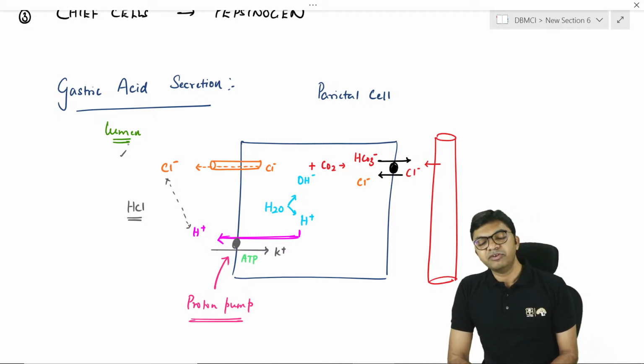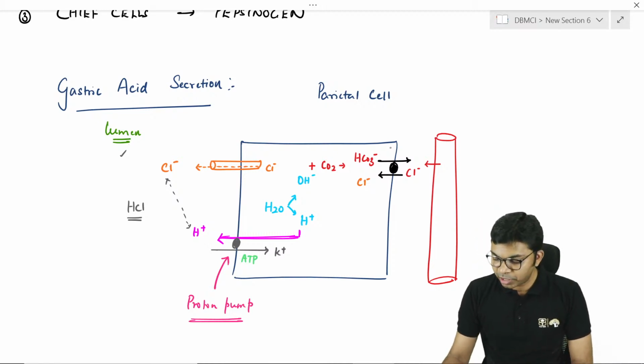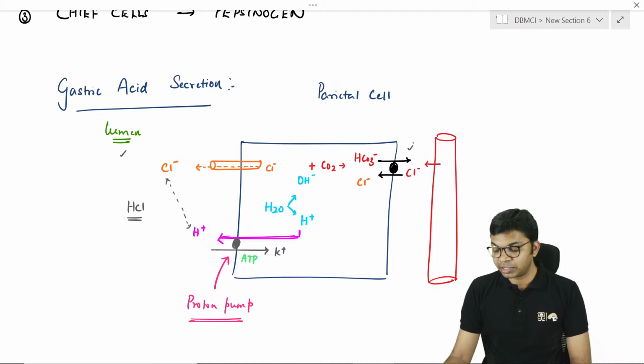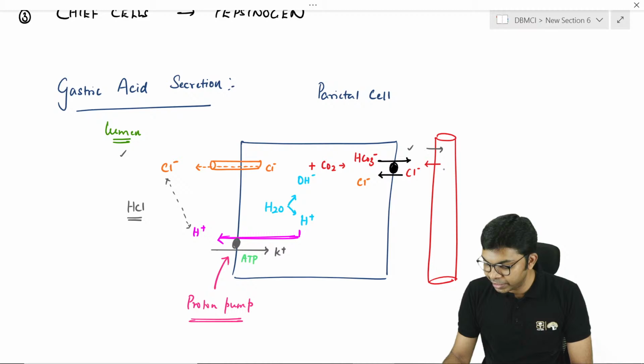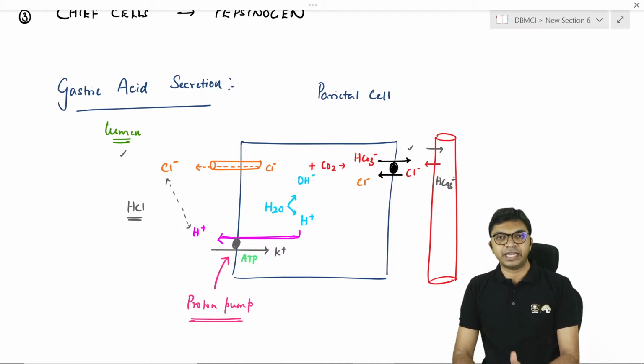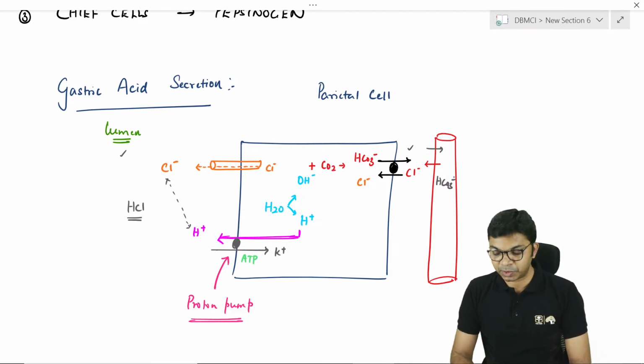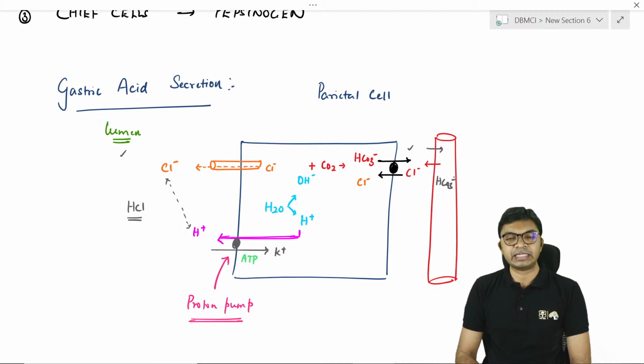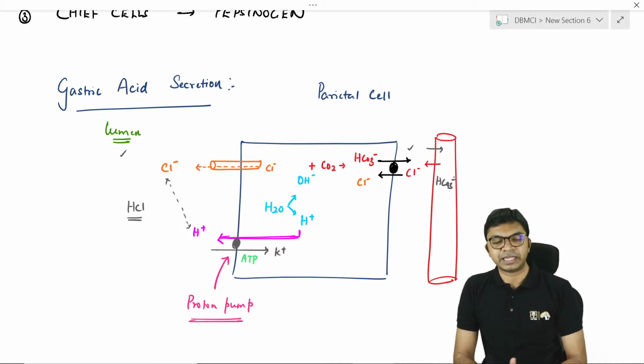If you can see, for every hydrogen ion that gets secreted into the gastric lumen, we are observing one bicarbonate ion getting reabsorbed into the blood vessel. Alright, bicarbonate ion is taken into the blood vessels. This is exactly how parietal cells keep producing gastric acid.